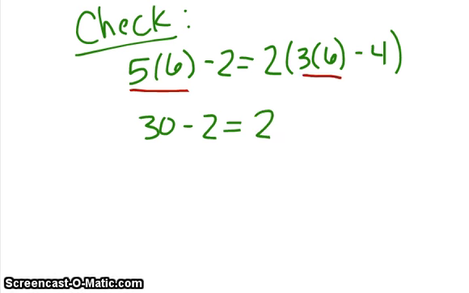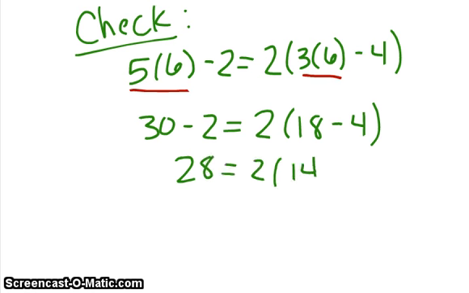We're going to do that 3 times 6 first, which is 18, minus 4. 30 minus 2 is 28. You just take 2 away from 30. Times 2, we're going to do the 18 minus 4, which is 14. So we end up with 28 equals 2 times 14 is 28.